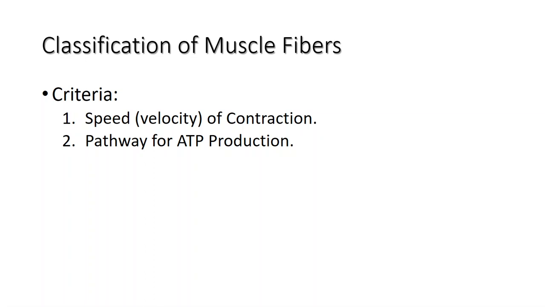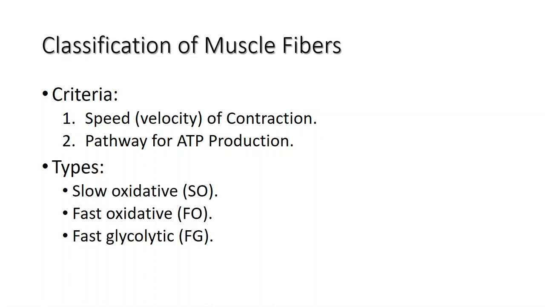Using these two criteria, we can classify skeletal muscles as slow oxidative fibers, fast oxidative fibers, or fast glycolytic fibers.